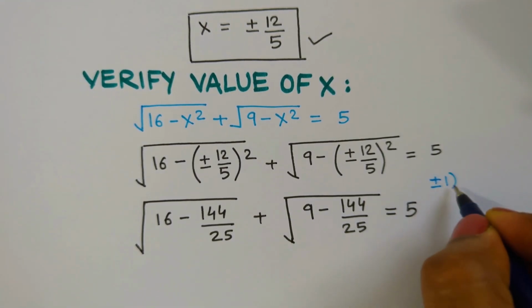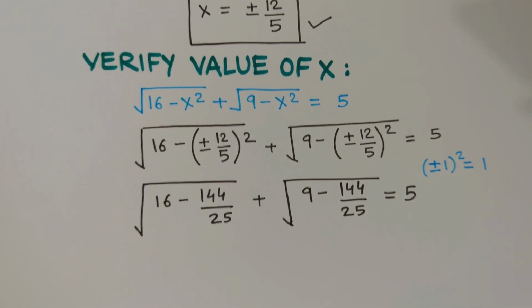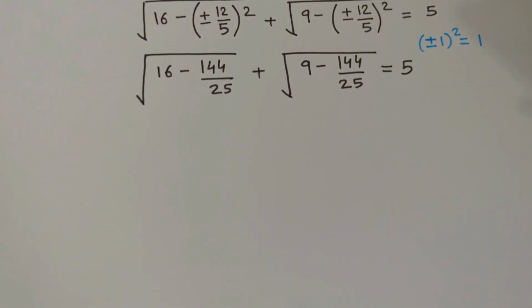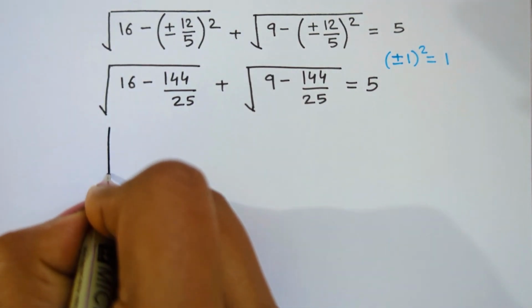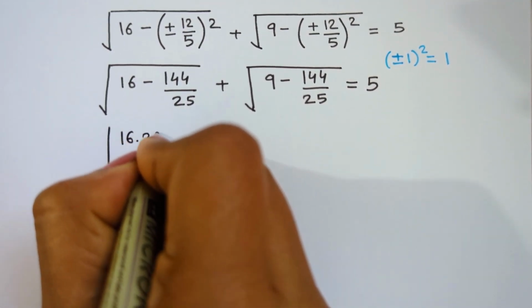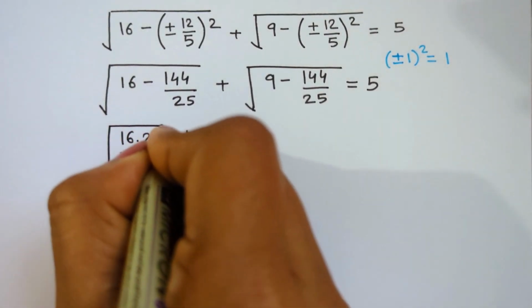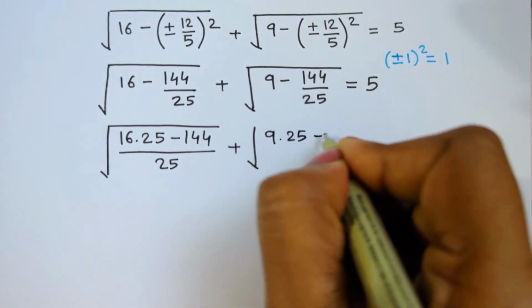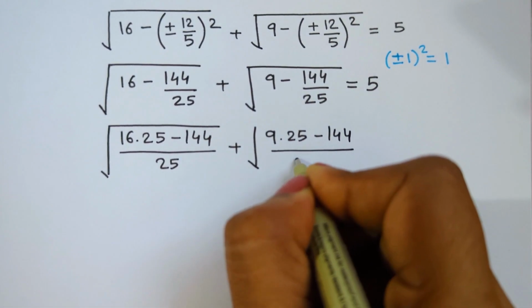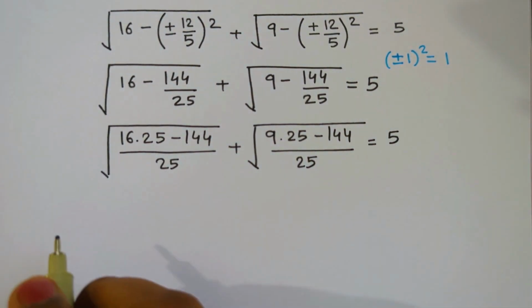We know that plus or minus 1's whole square will always be 1. That is the reason we have ignored plus or minus in (plus or minus 12 divided by 5) whole square and kept it directly as 144 divided by 25. Let's bring this 25 to the numerator to make a common denominator of 25. So square root of (16 into 25 minus 144) divided by 25 plus square root of (9 into 25 minus 144) divided by 25 is equal to 5.